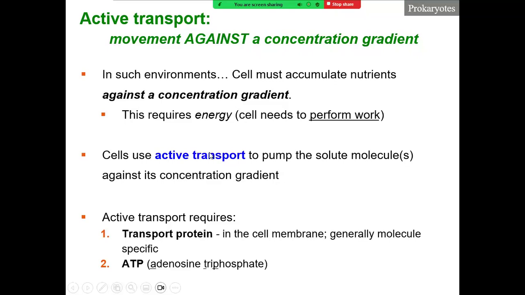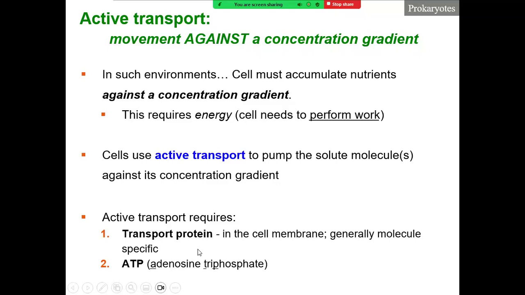For each molecule moved into the cell through the transport protein, the cell has to use up one ATP.